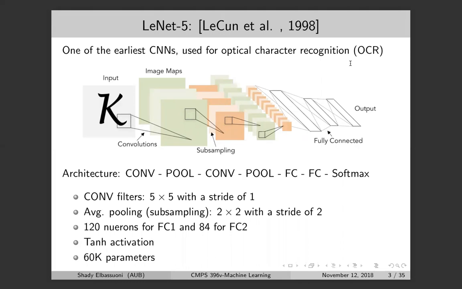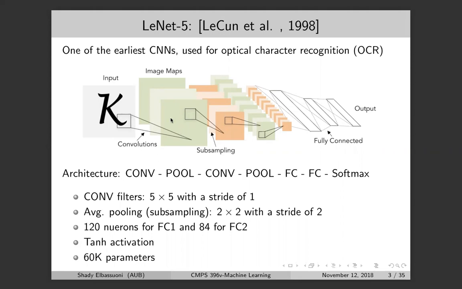So it's used to map scanned images of text to actual text. For example, we have an image of the letter K. The idea is to automatically output the letter K, okay? So the architecture of the neural network, LeNet, was of this form.